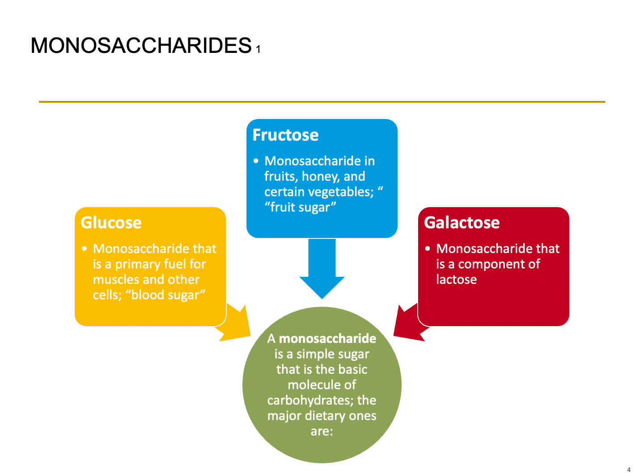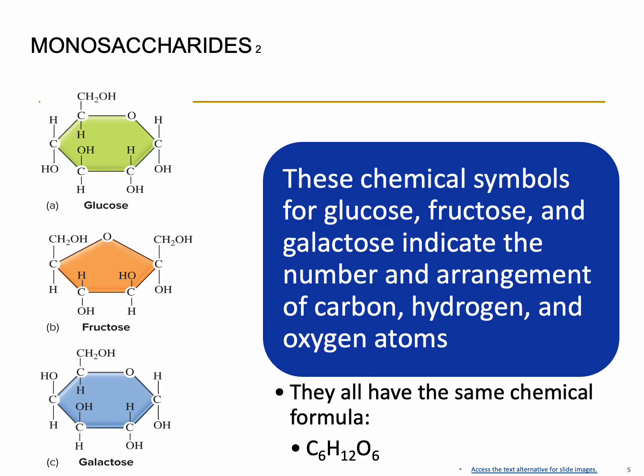On the previous slide, I showed the chemical structure of one type of monosaccharide, glucose. The other two are fructose and galactose. They're very similar in structure, also 6 carbon rings with just hydrogen, carbon, and oxygen. Here we can see the details of how closely these three are related.